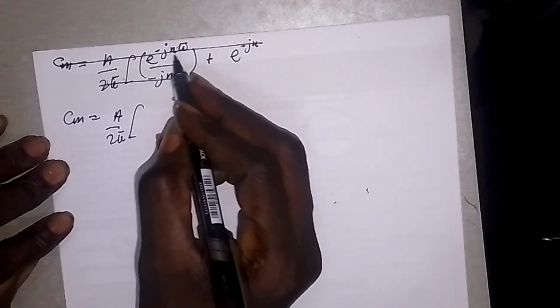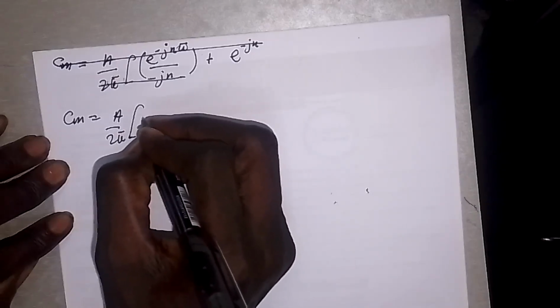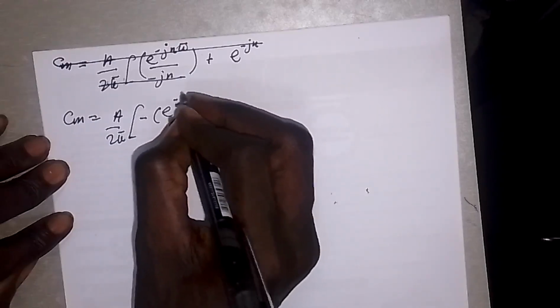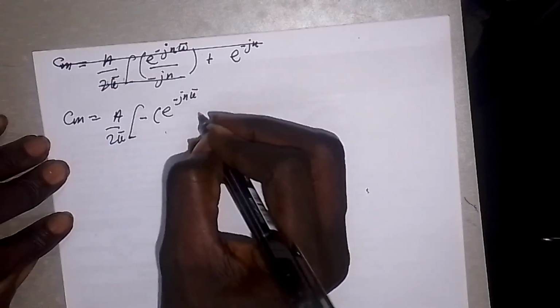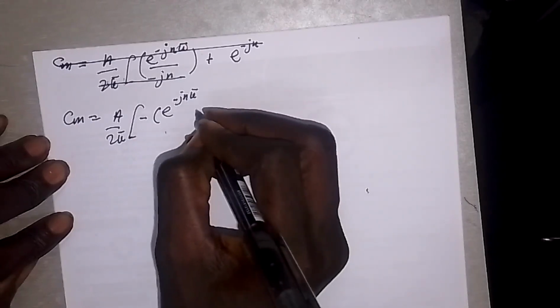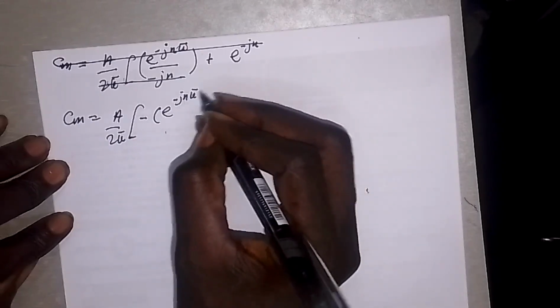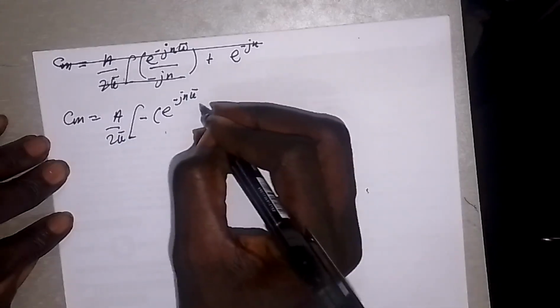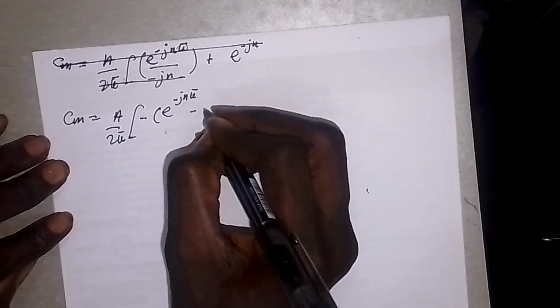If I put in the upper limit, I'm going to get minus, so this whole thing is minus e to the minus jn pi. If e exponent 0, if I put in 0, it's 1. E exponent 0 is 1. But because it's the lower limit, it's going to subtract.